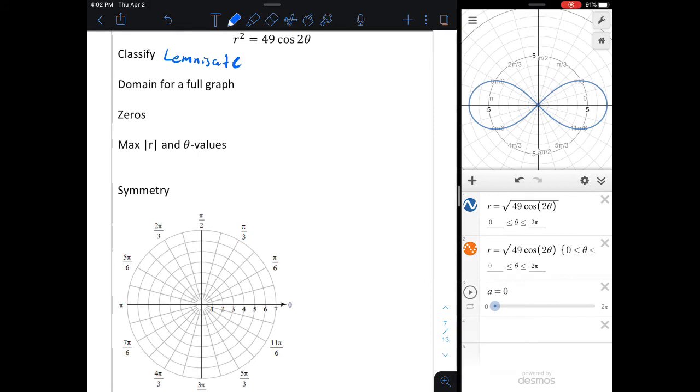And we want to find what the domain is for the full graph. Now, one thing you'll notice is if you pay close attention to the graph over here on the right-hand side, and I'm tracing this slider. It would appear, if I did it really quickly, that from 0 to 2 pi, it would make the whole thing. However, on close inspection, there's actually a pause in it plotting the point.